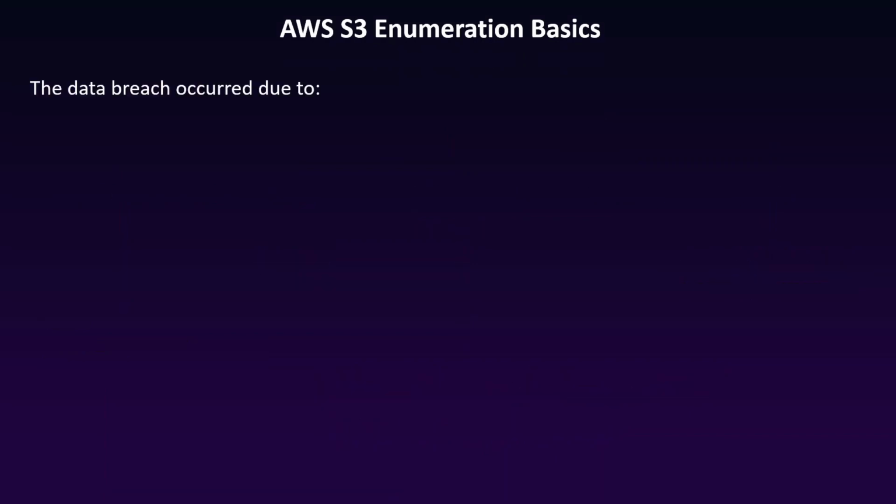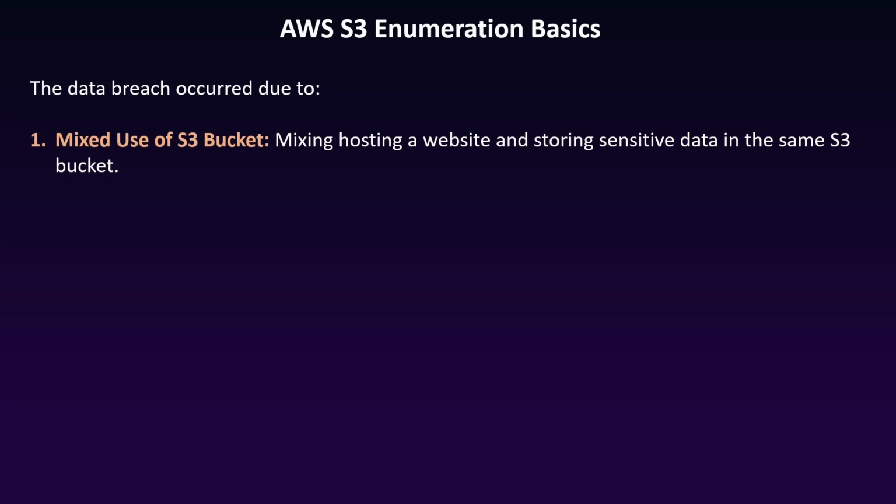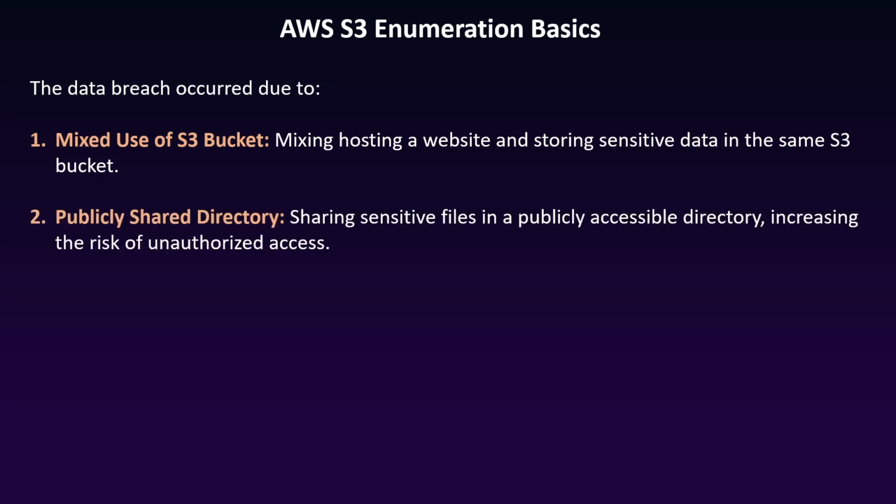So this is just a short overview of what we have done. So let's see what are the issues that led to this data breach. The first point is mixed use of the S3 bucket. The S3 bucket was used for multiple purposes, including hosting a static website and storing sensitive files. So this mixing of function should have been avoided. Next is the publicly shared directory, or world-readable shared directory.